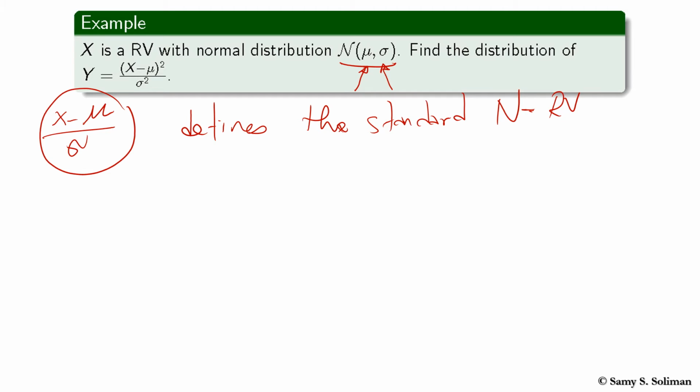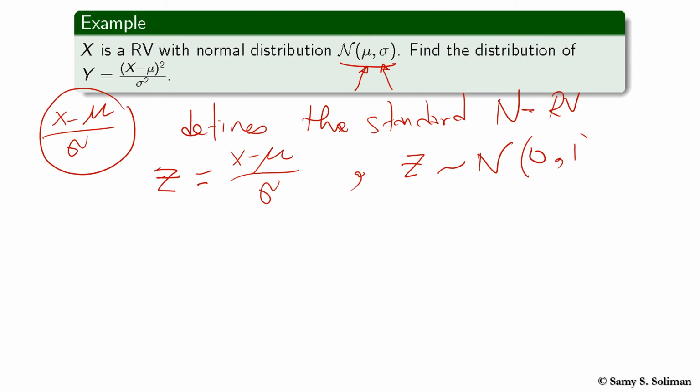So we can, as a first step, mention that if we have a new random variable called z and this is equal to x minus mu over sigma, then we know from our previous knowledge that z will follow a normal distribution but the standard one, in which the mean is 0 and the variance is 1.